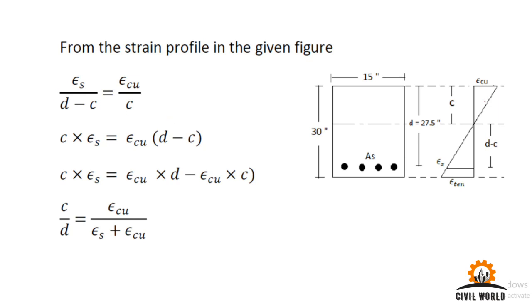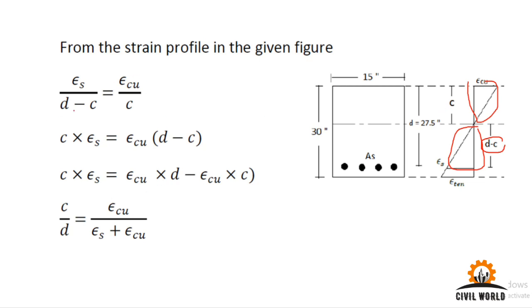Applying the similar triangle principle for this triangle and this triangle, starting with this triangle, we have perpendicular of epsilon s, so perpendicular divided by base, which is d minus c: epsilon s divided by d minus c is equal to epsilon cu divided by c.